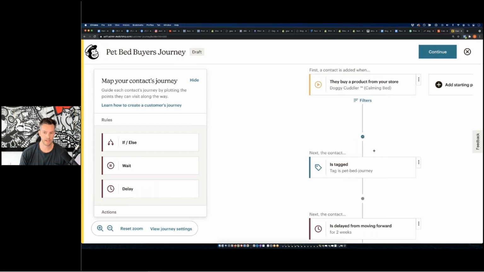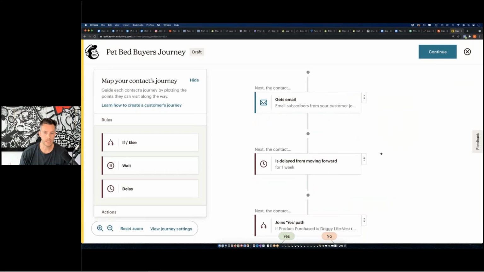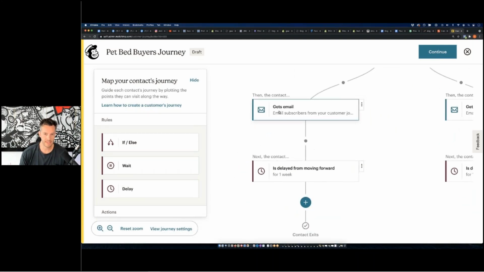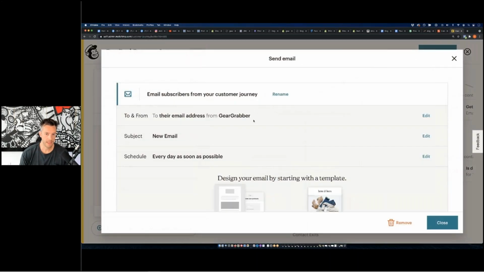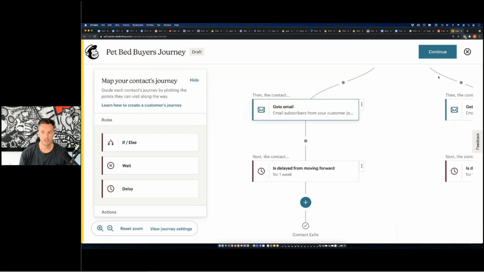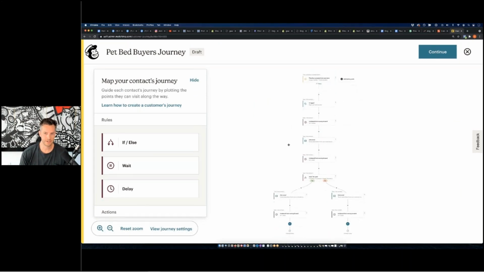And it's going to then walk them through, and every single week, guess what we're going to do? Every week, we're going to send them an email, okay? Every single week, we're going to send them an email for a new product. Now, you cannot build 5 years worth of emails in a day.